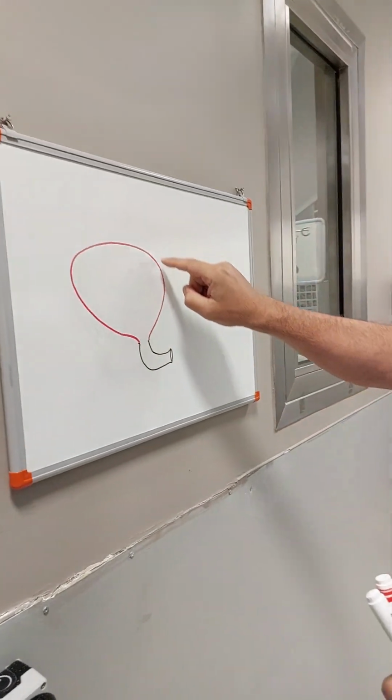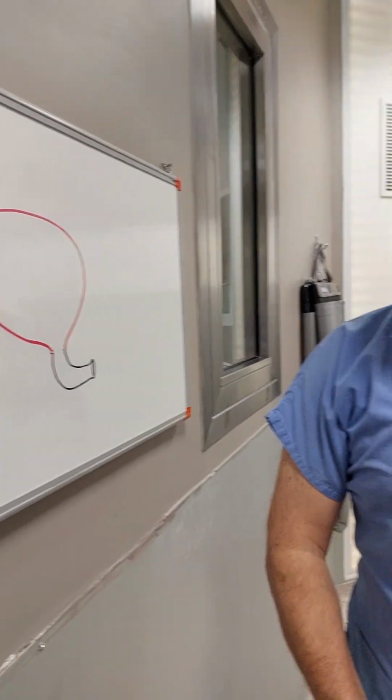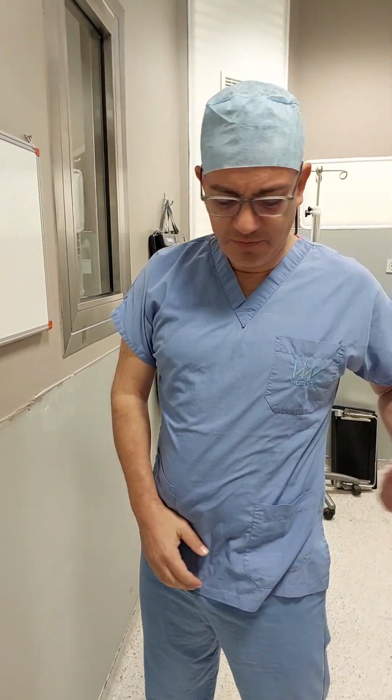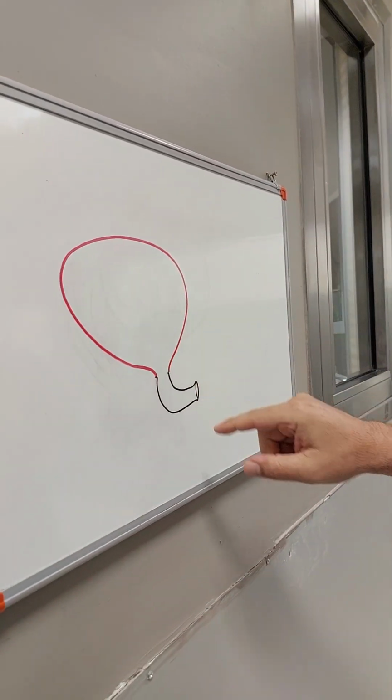So this is the bladder. It's a sagittal view. Sagittal means the body is cut like this, and we are looking from the side. So this is a sagittal view of the bladder and urethra.